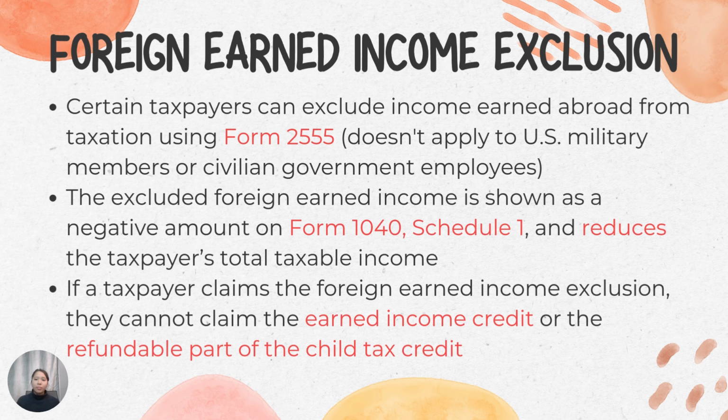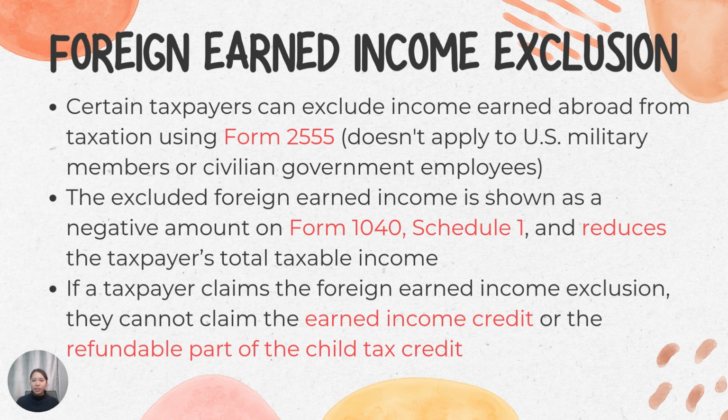One benefit of having foreign income, or not really benefit, I should say, but one thing that happens when a taxpayer has foreign income is that they might qualify for the foreign income exclusion. Certain taxpayers that exclude income earned abroad using Form 2555 are able to exclude their foreign income on the U.S. tax return.